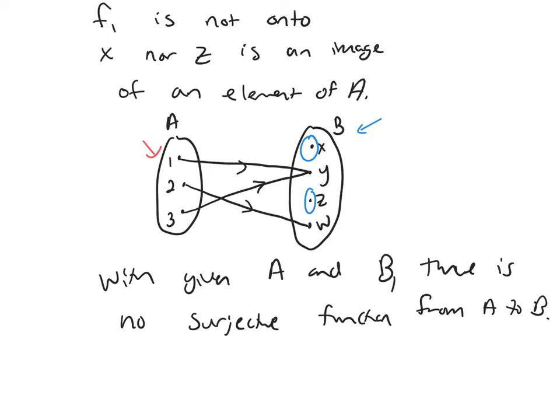But in order to be surjective, everything in B needs to have an arrow coming in. So I would need at least 4 arrows. But there's no way for me to have 4 arrows here because every function would only have 3.